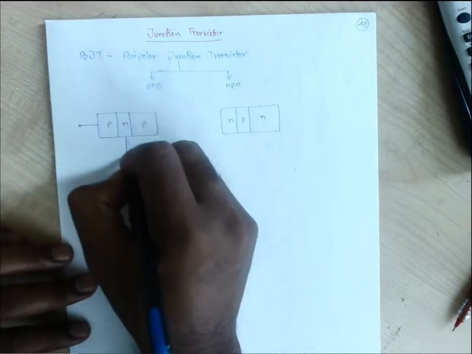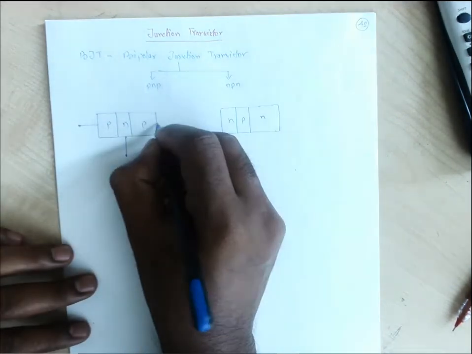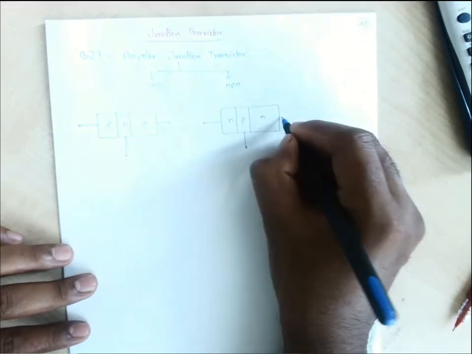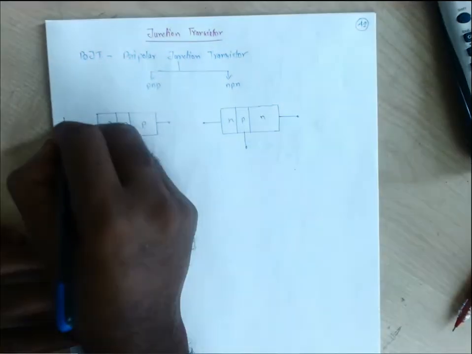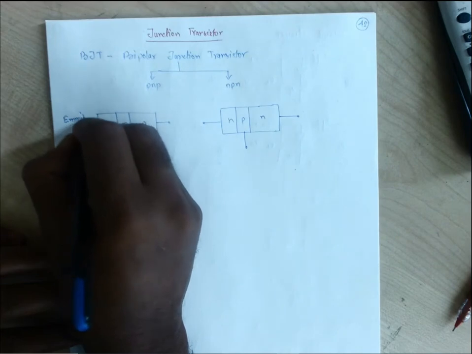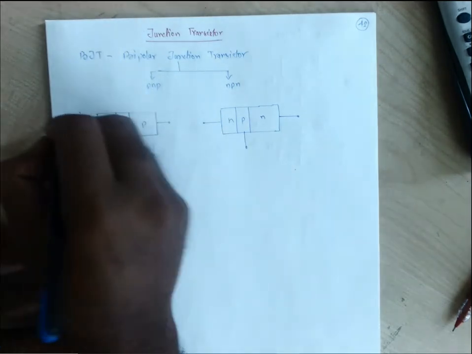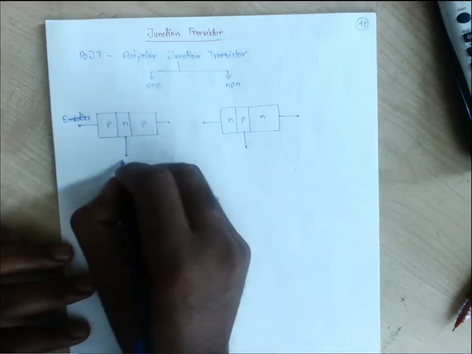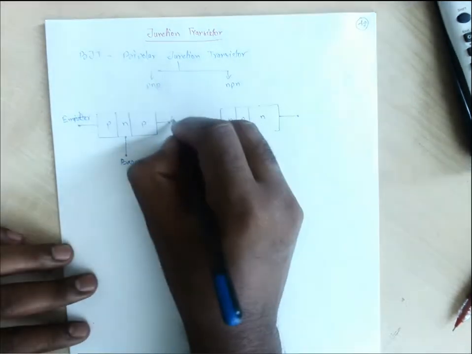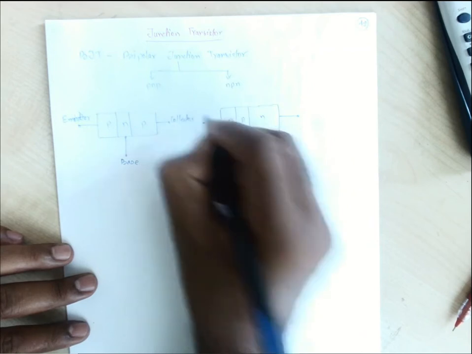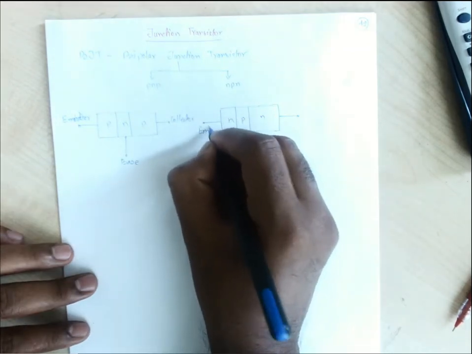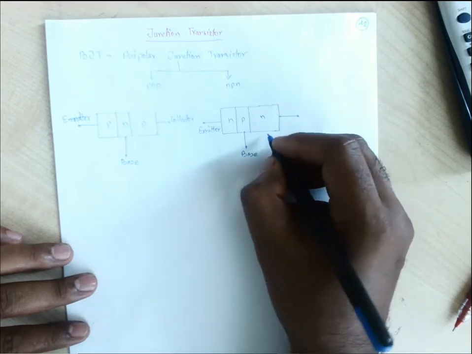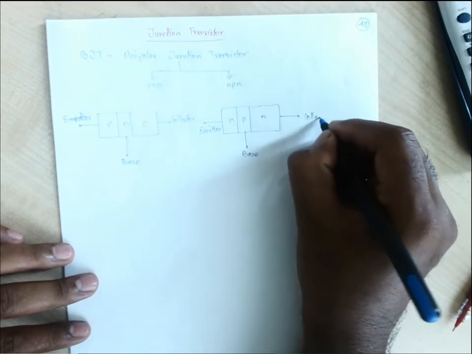This terminal is known as the emitter, base, collector, and the same for the other: emitter, base, collector.